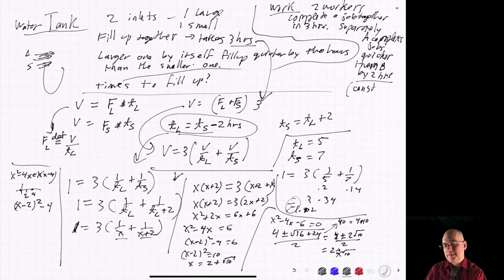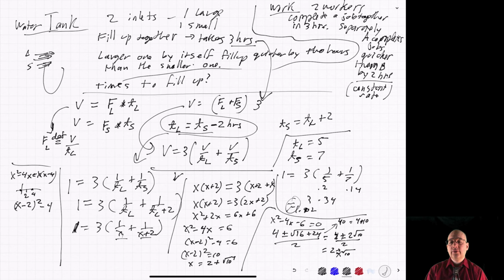So one reason I don't really like these problems is, of course, that they're making this assumption that when you add workers together, their productivity goes up by simply combining what they had done before.